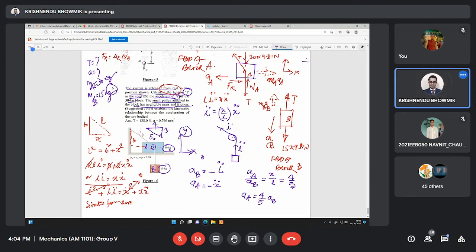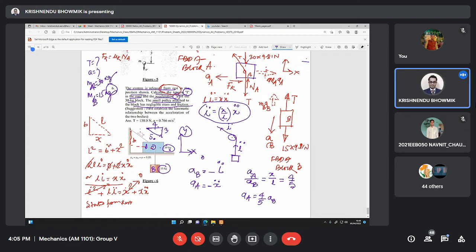So this one, the 30 kg block, that acceleration is equal to A. So what we got, which one is higher? One minute. Here it is x by L. So whether I made any mistake, let me check. This is x. I made one mistake.